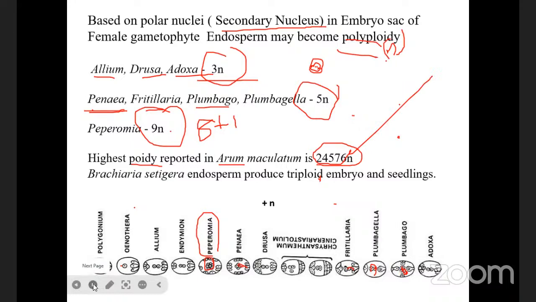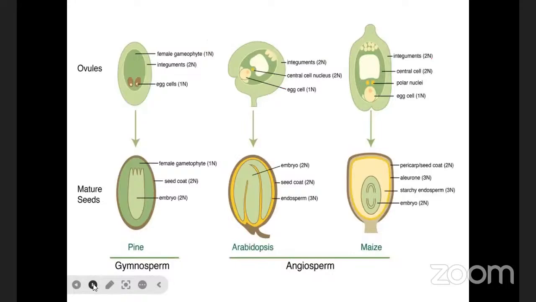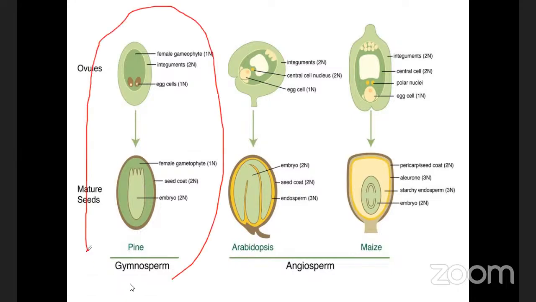Variation in the endosperm is because of the polar nucleus and because of the formation of the endosperm before or after fertilization. Here you can see in the gymnosperm, endosperm forms before fertilization.